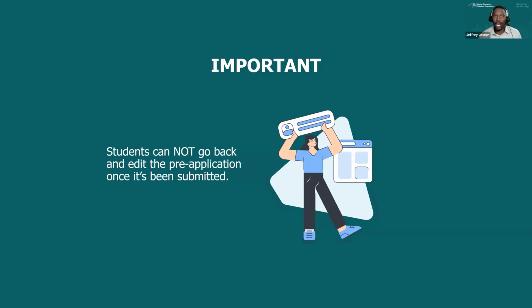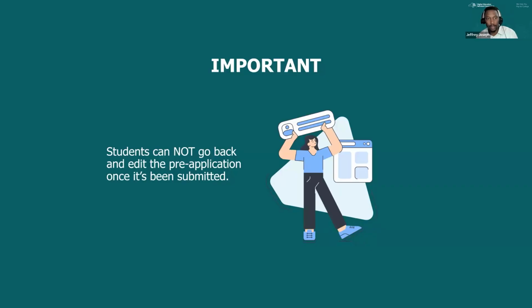So for instance, we may ask for an I-797 form for some of these students. If they pick the wrong status, they won't have the right document that we're looking for. And then they have to submit incorrect documentation, be denied, or go through processing, and then we have to be able to fix it later. So once again, accurate information, taking the time, even getting documentation ahead of time to review it to make sure that they're putting the correct citizenship status is really important.